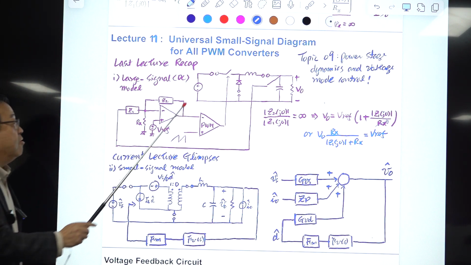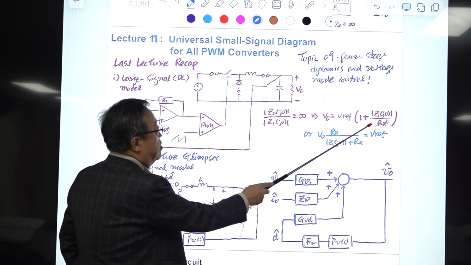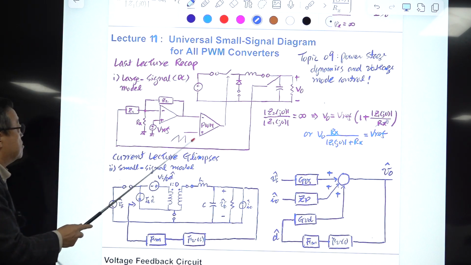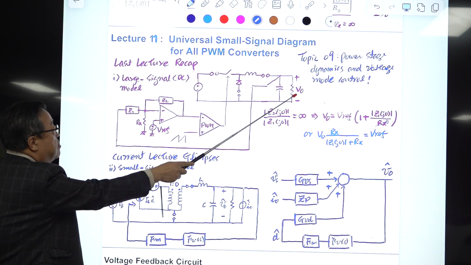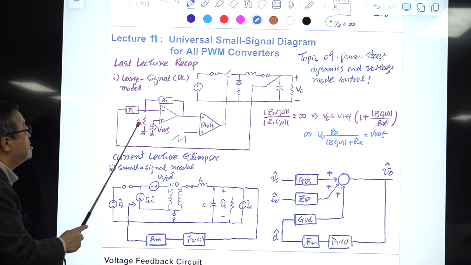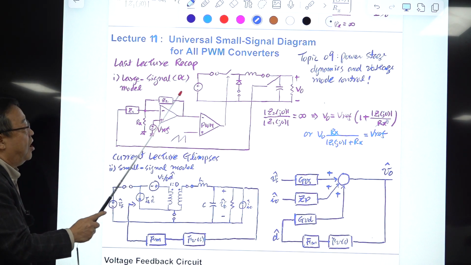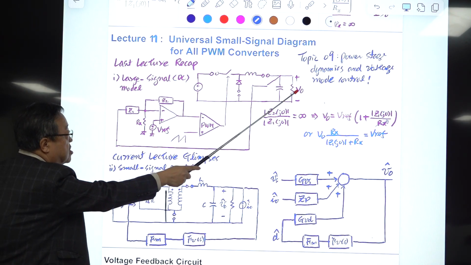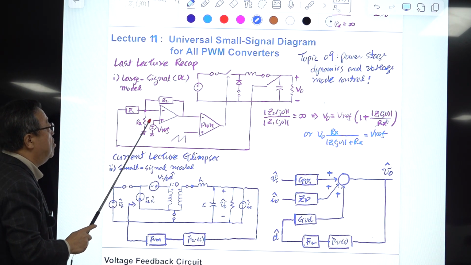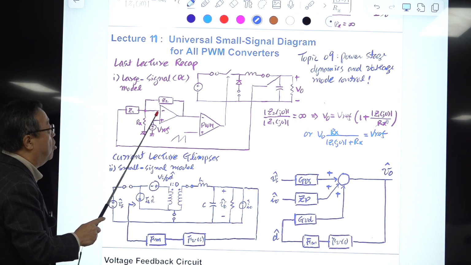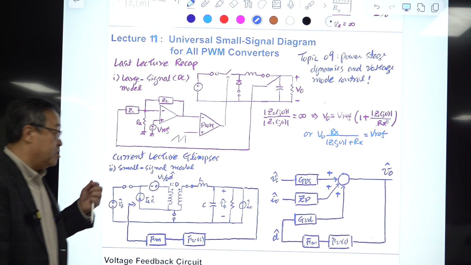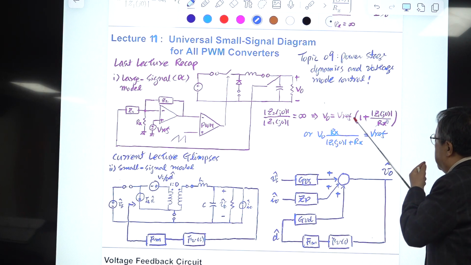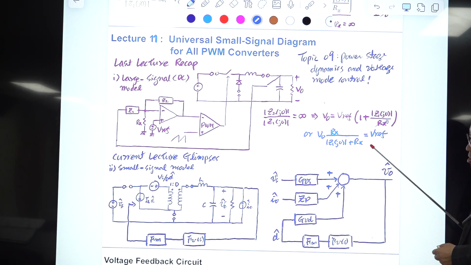This is the equation for the output voltage: the output voltage is divided by this and this, then that value times that division factor times this should become the same as this because of the virtual short property of the ideal op-amp. So this is the same expression, but this is easier to remember.